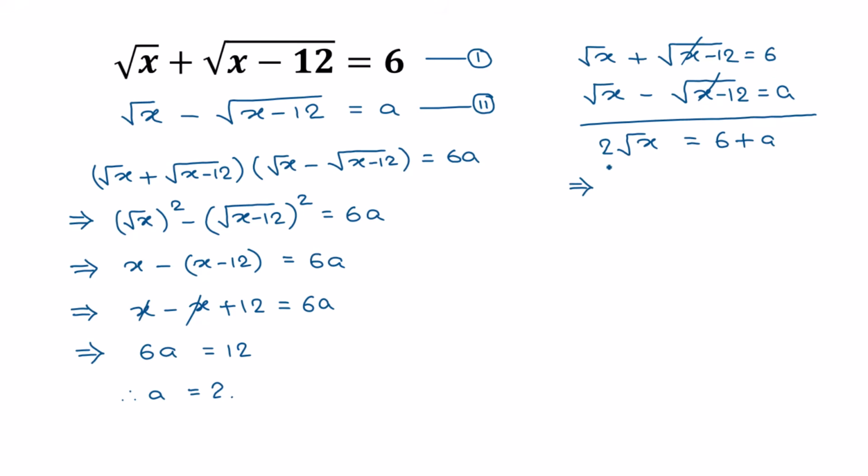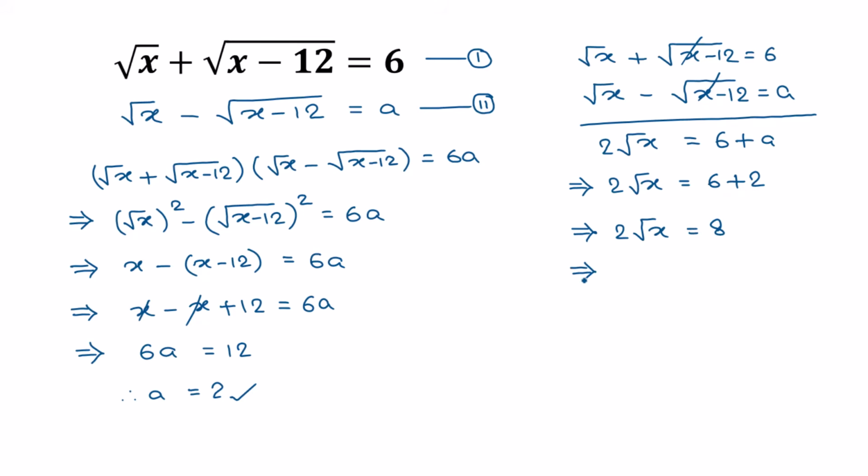So this 2 times square root of x is equal to, substituting the value of a is equal to 2, 6 plus the value of a is equal to 2. So 2 times square root of x is equal to 6 plus 2, this is 8.